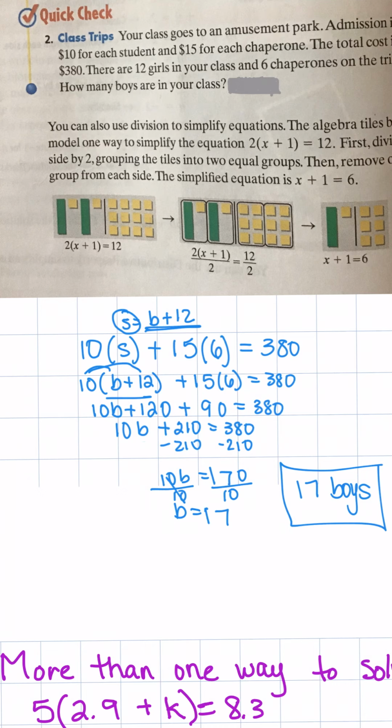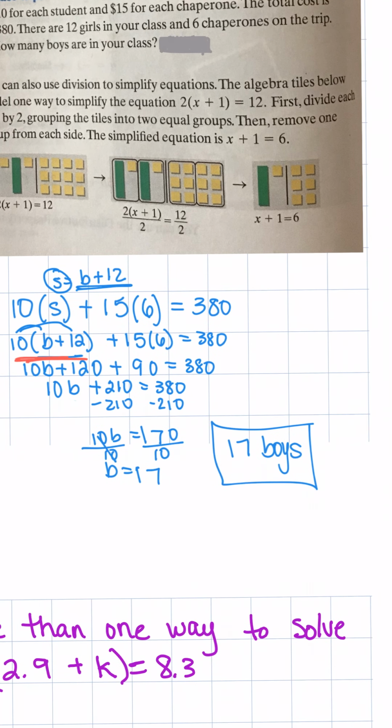So just how I distributed right here, what if I were to have done 15 times 6, which would equal 90? And then I had 10 times b plus 12, and this was 90. If I subtracted 90 from this side and subtracted 90 from the other side, I'd get that it was equal to 290.